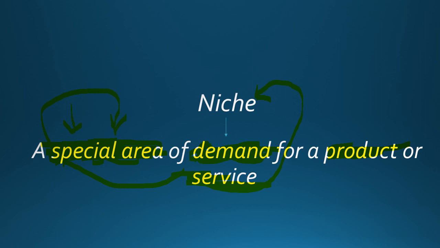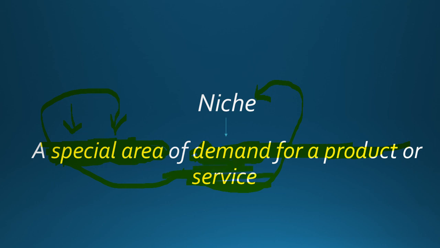The first one is the special area, as we said already. If it's a defined area, a defined portion of a market or of a broader thing, it could eventually become a niche. But what is the niche breaker? What makes a niche is that there's a demand for a product or service.